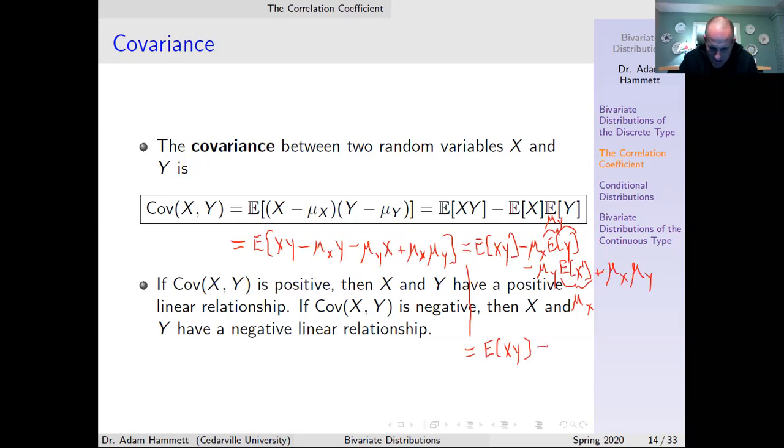So one of these things is canceling this guy right here, so it's just going to be minus mu x mu y. And that indeed is exactly what's written right there. Mu x is just the expected value of x, mu y is the expected value of y. So I just wanted to kind of write that out in full detail.